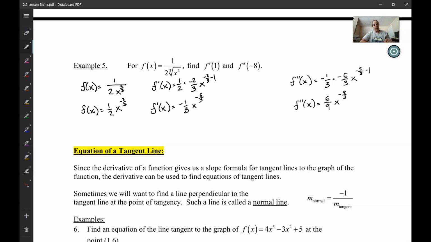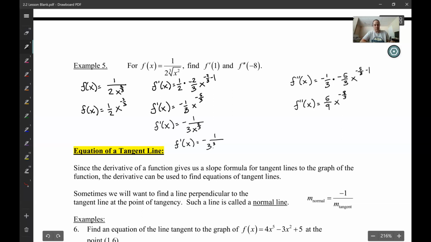Okay. Now we actually want to plug numbers into these. It's going to be a lot easier to plug numbers into them if we put it back into root form like this with our positive exponents. So I'm going to take f prime of x, move the x back down into the denominator so it's positive, and then change it into root form.